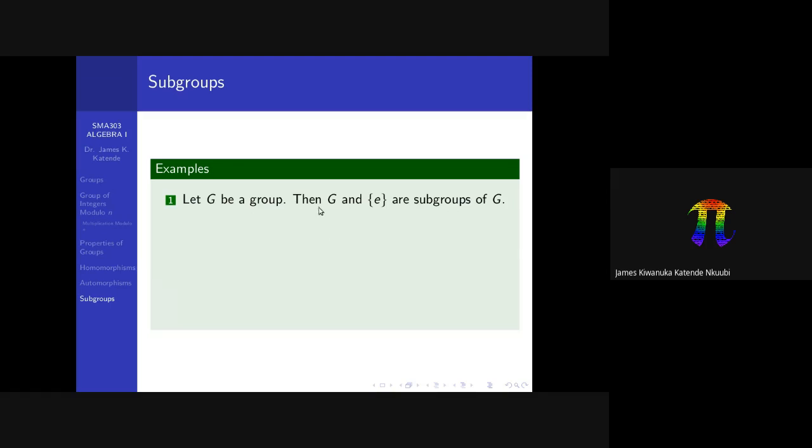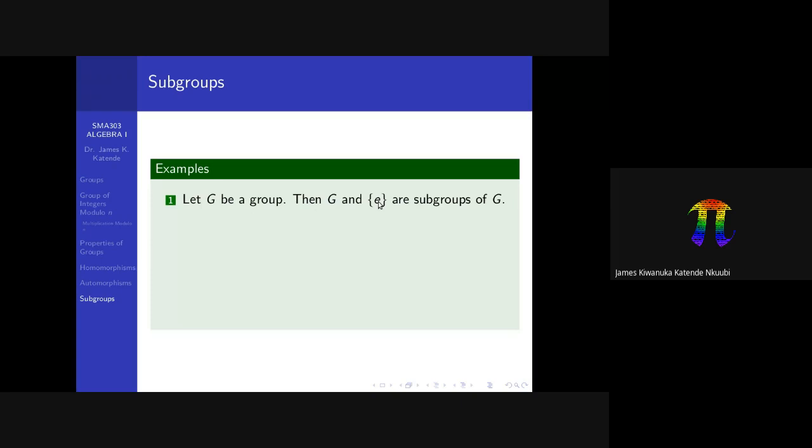The set containing just the identity element satisfies all the 4 properties of a group, because if you multiply the identity with itself, you get the identity. If you multiply the identity with itself three times, you can put your brackets on any 2 of them. So the associative property is satisfied.